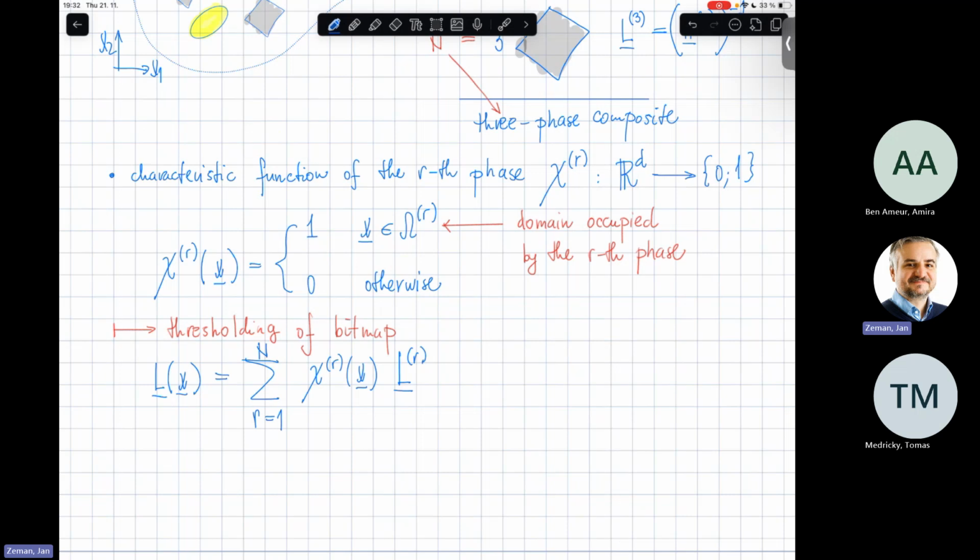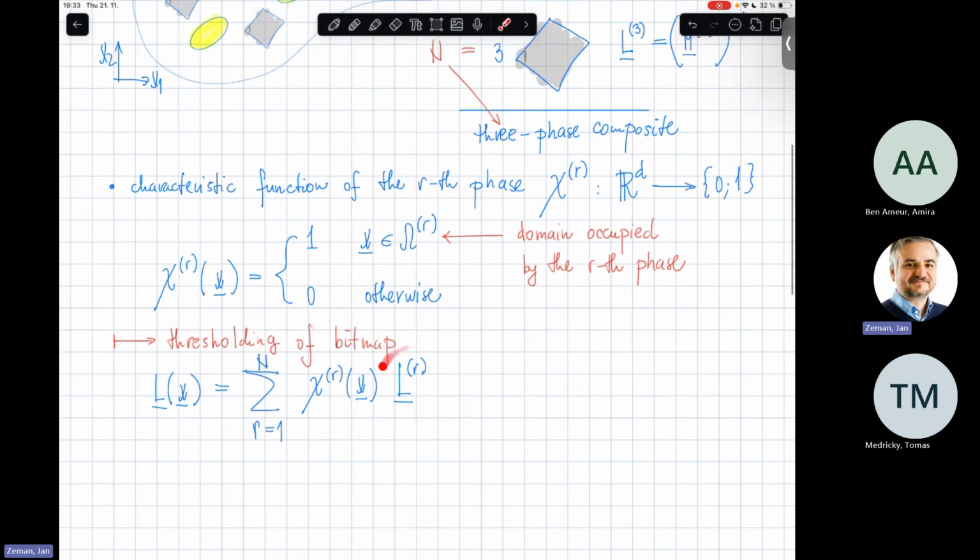Basically, what this formula tries to say is that for any point x, I will have a look in which phase it is contained, and I will assign those values to this particular position x.